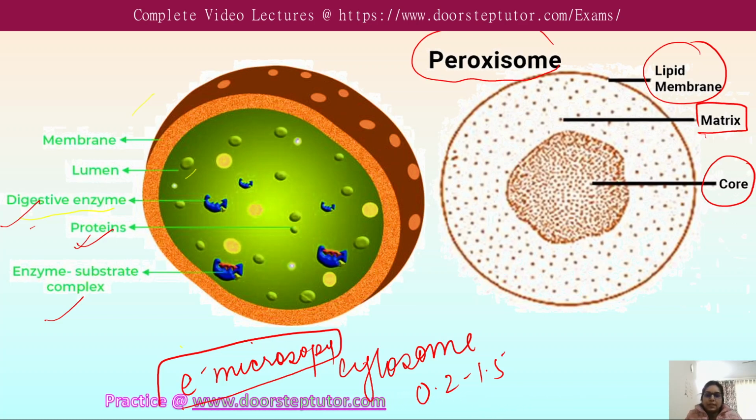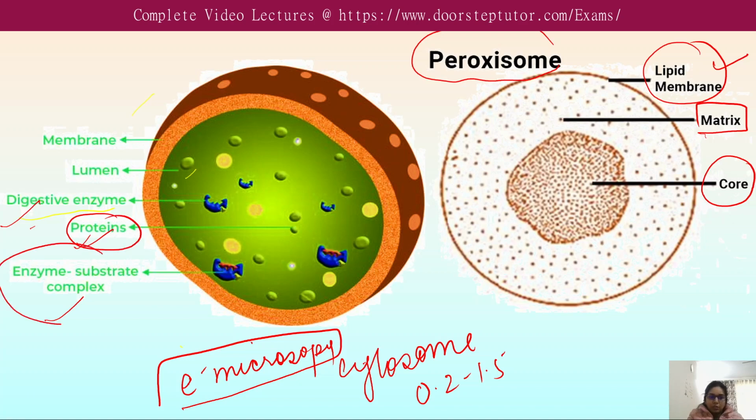They are surrounded by a single phospholipid bilayer membrane and have an intracellular protein and enzyme matrix. This is the structure we are talking about. They have protein and an enzyme matrix, but it does not appear that they have any genetic material that would allow them to self-replicate.